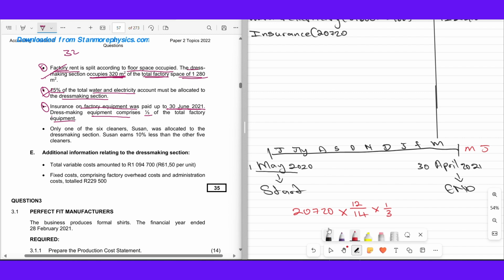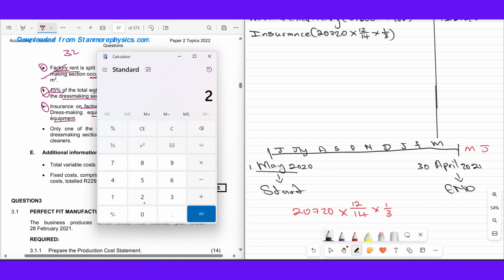So let's do this for our factory: 20,720 times 12 divided by 14 times 1/3. Let's put this in the calculator and see what we are going to get. 20,720 times 12 divided by 14, then multiply by 1 divided by 3. You're going to get 5,920.